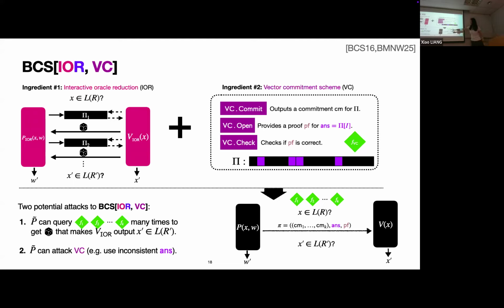And secondly, the prover can attack the VC commitment scheme using some openings that are inconsistent with the commitment. So you have two types of errors: the FS error and the VC error, from these two parts of the construction.